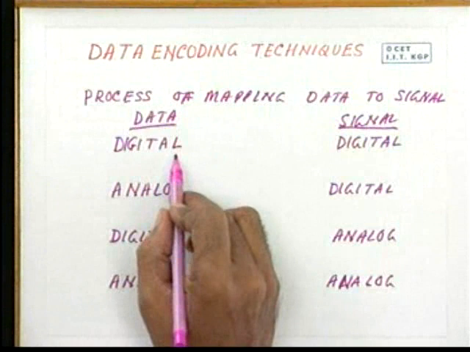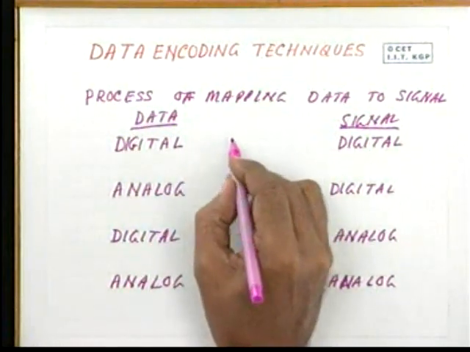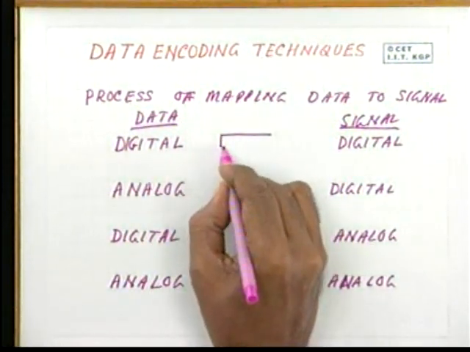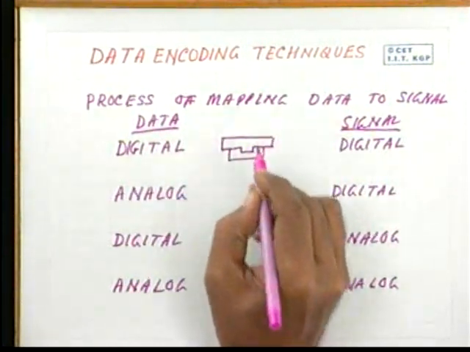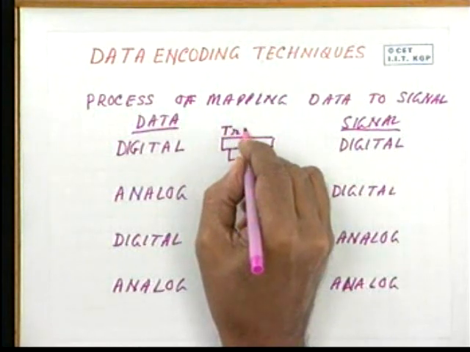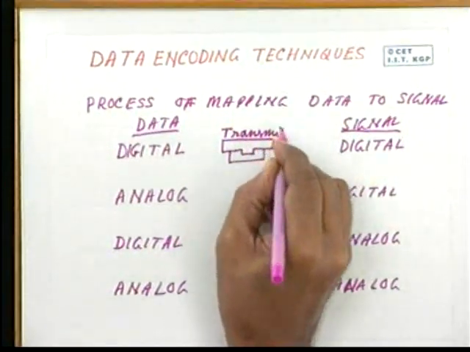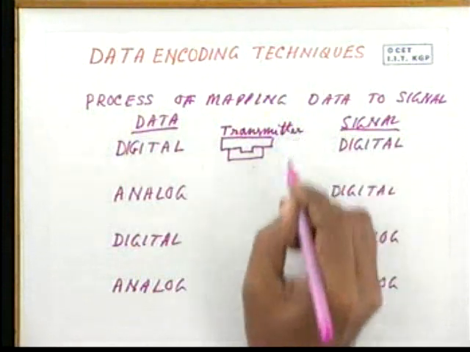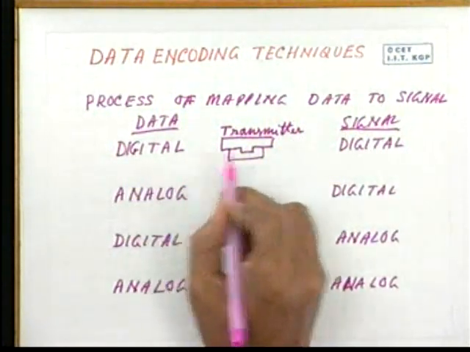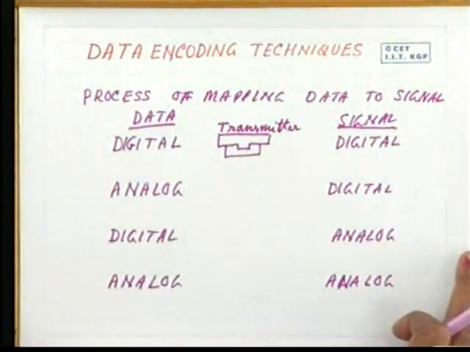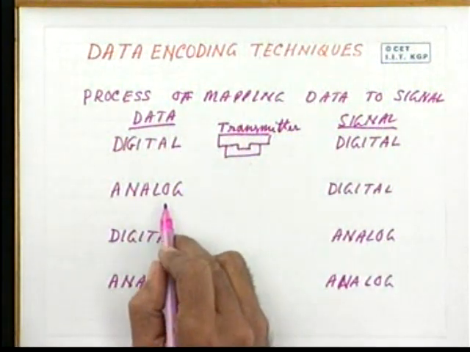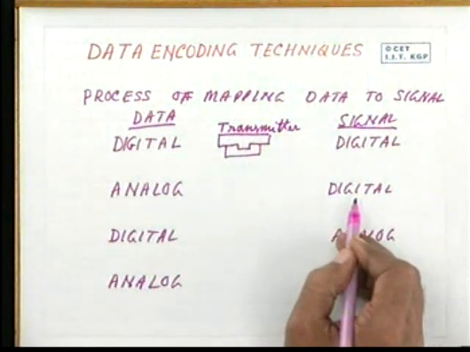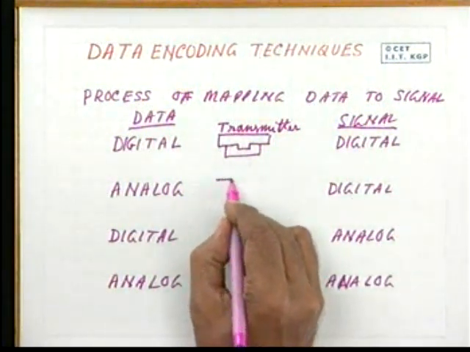For example, when you are converting digital data, you will use a suitable device, say a transmitter, which will convert digital data into a digital signal. An example of conversion from analog data to digital signal is codec.